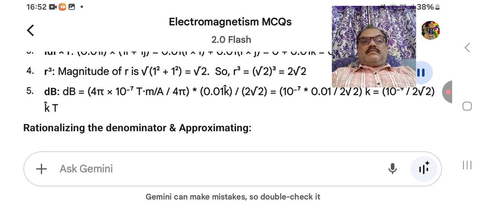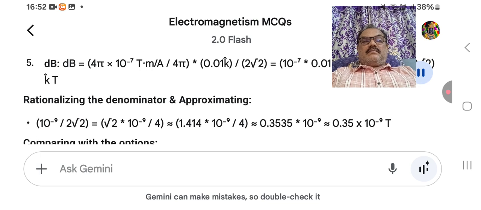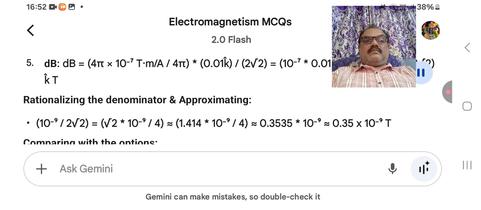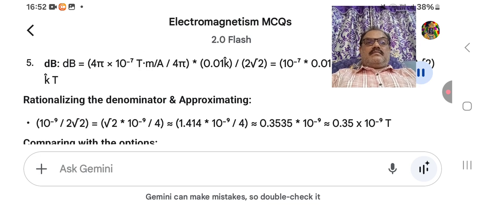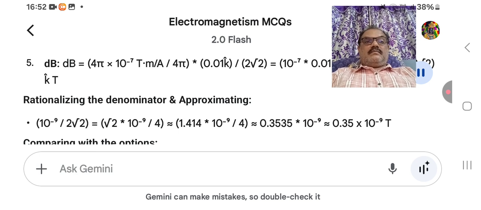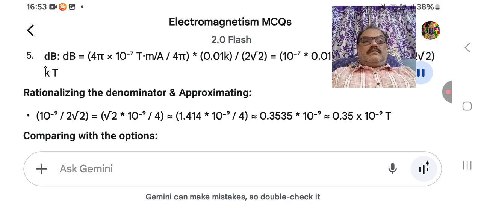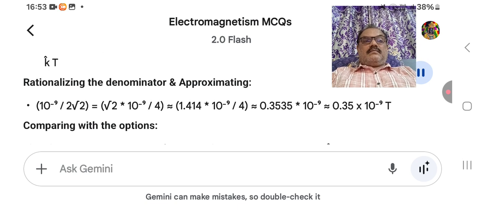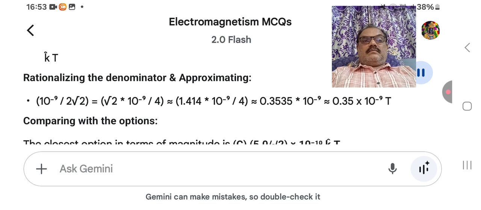Rationalizing the denominator and approximating, 10 to the power of minus 9 over 2 square root 2 equals square root 2 times 10 to the power of minus 9 over 4, approximately 1.414 times 10 to the power of minus 9 over 4, approximately 0.3535 times 10 to the power of minus 9 tesla.